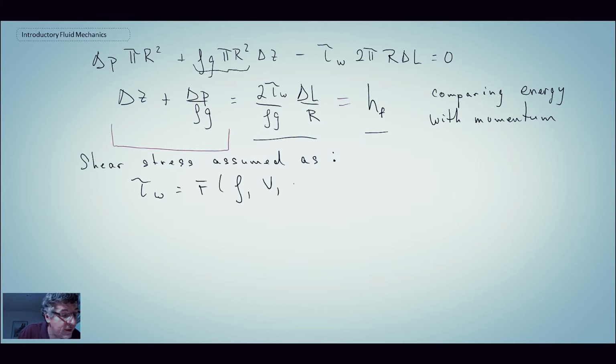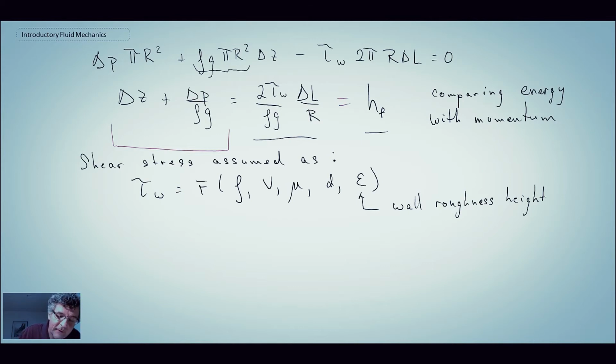The important variables that we're dealing with here, we can say shear stress is going to be a function of rho, v, mu, d, and epsilon. Epsilon is a quantification of the roughness of the pipe, internal roughness, because you can have smooth pipes and you can have rough pipes, and they will definitely have different pressure drops.